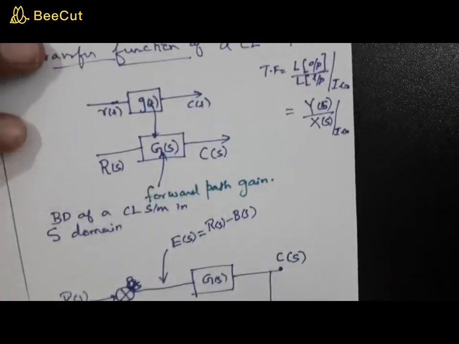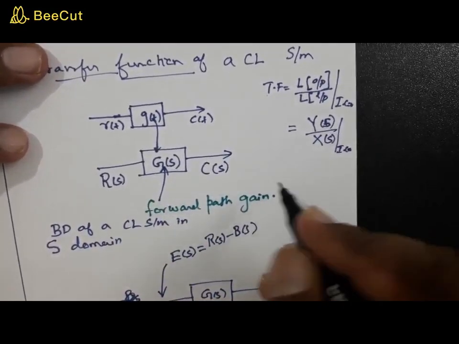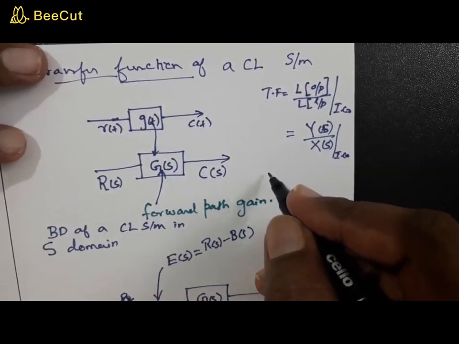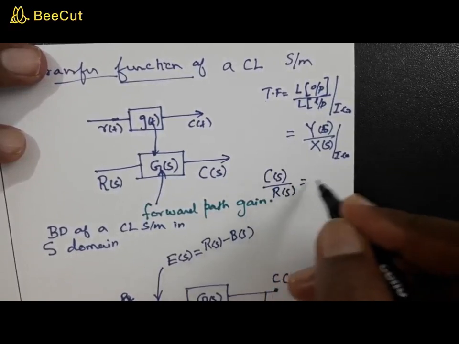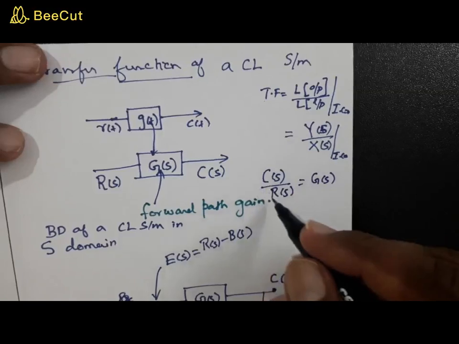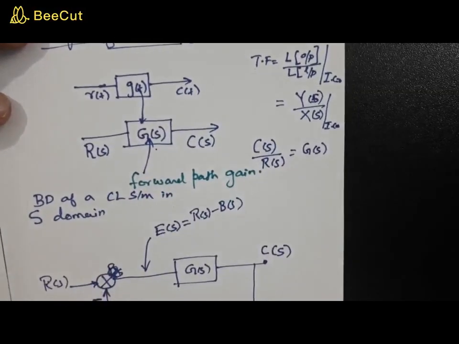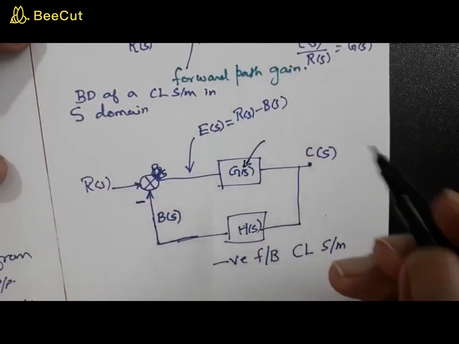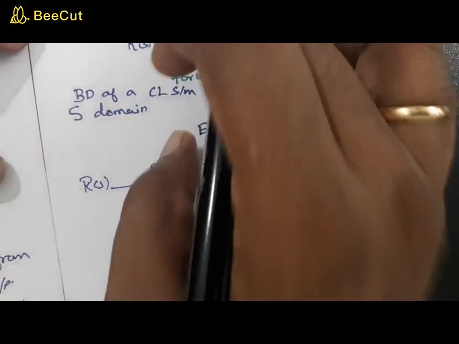Now coming to this side, what is this G of s? G of s is the forward path gain in the S domain, or you can say C of s by R of s is equal to G of s. This is the transfer function of an open loop system.